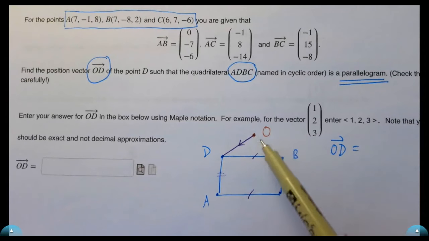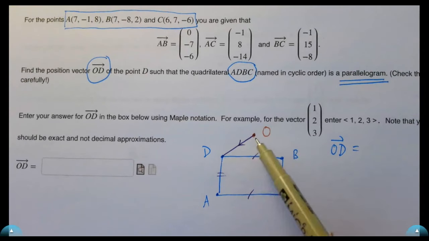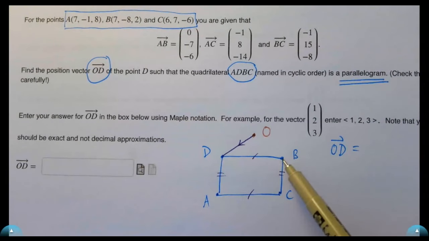One way of doing that is breaking it down into the vector from O to B, and then the vector from B to D. Now I don't know what D is, but I know this vector must be the same as this vector. That's an important point.